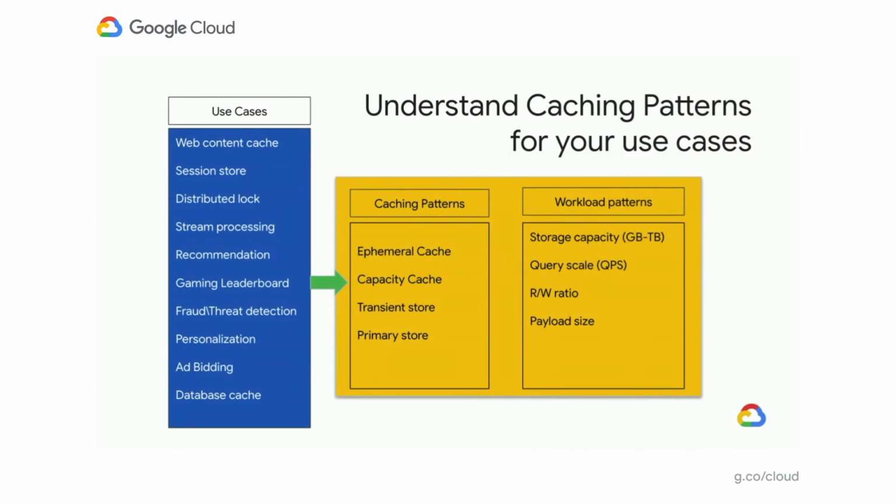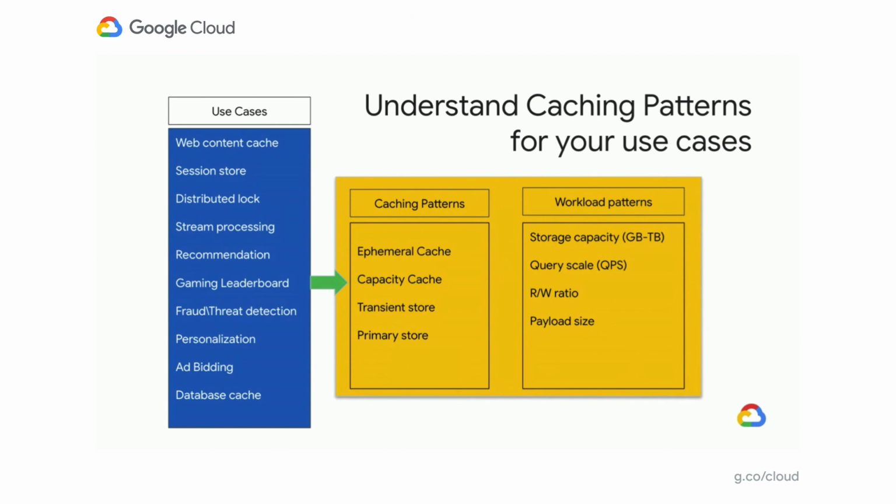And the caching patterns essentially determine the behavior that is expected from that caching layer for that particular use case. So we see 4 different caching patterns: the ephemeral cache, the capacity cache, the transient store, and the primary store. And I'll talk more about the characteristics of these patterns in the next slide.